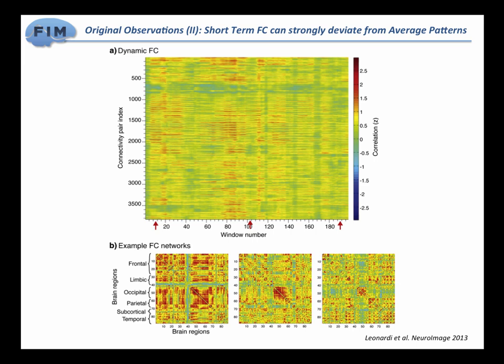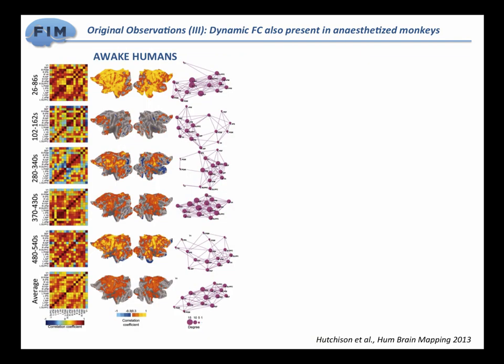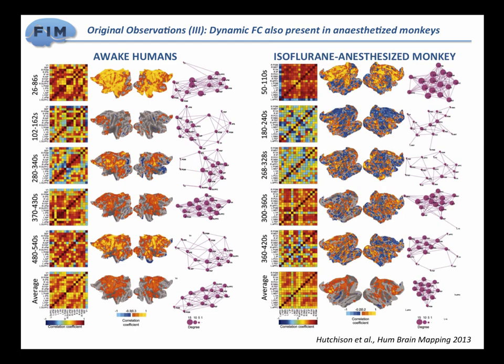So we have variability, and we have variability that is quite big sometimes, and that actually differs quite a bit from the pattern of connectivity that we would have calculated had we used the whole time series as a single unit to analyze. Not only that, people decided to look at this dynamic behavior in awake humans and in anesthetized monkeys, and it seems that this variability is always present. That is something to consider when we want to interpret it.